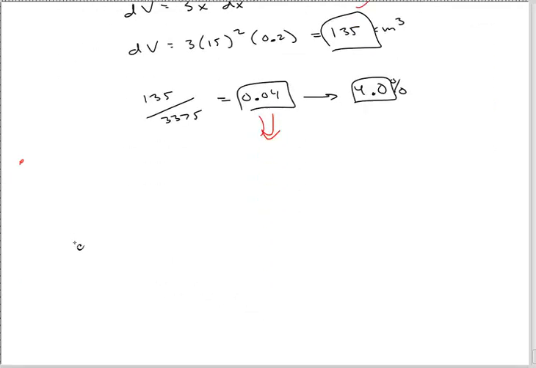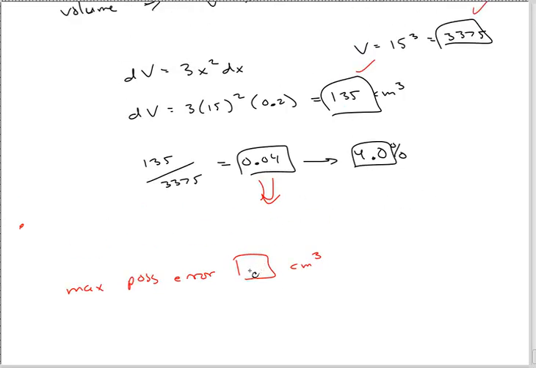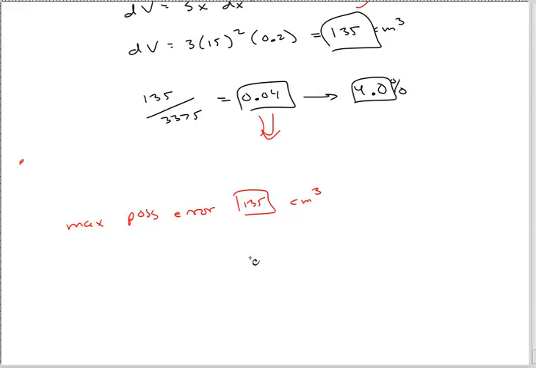So let's go back to what they're actually asking, because they actually have 3 boxes. They say the max possible error, and then they go blank centimeters cubed. Right there, the 135. Okay. Let me use a different color for that. 135. So what else are they asking for? They say, what's the relative error? And they go blank. That's it.